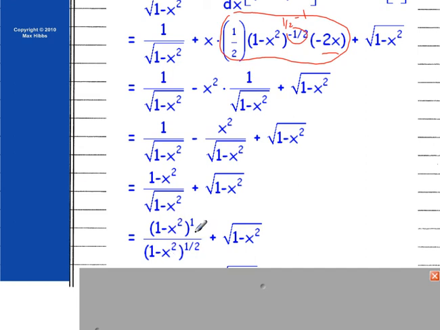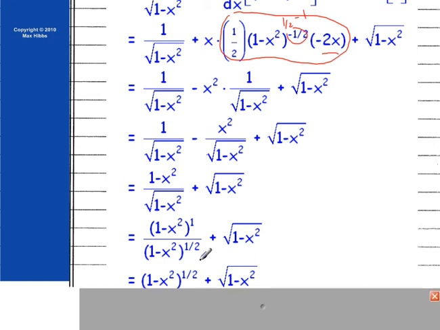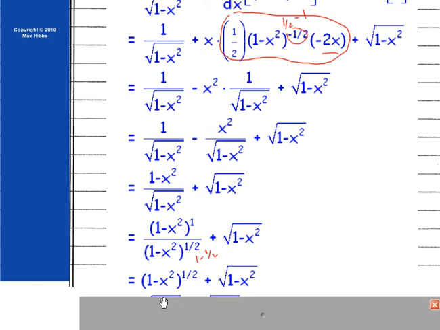So I have the same factor with an exponent of 1 in the numerator, exponent 1/2 in the denominator. And of course, in that case, I can just subtract those two exponents. So if I take the top exponent, subtract the bottom exponent of 1/2, then I end up with an exponent of 1/2, and that's what I've written here. So I've simplified that first term to just 1 minus x squared to the power 1/2.